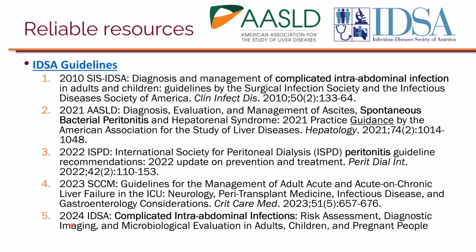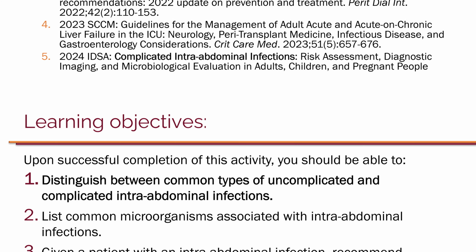And most recently in 2024, IDSA released the first set of updated guidelines for complicated intra-abdominal infections, and this release focuses specifically on risk assessment, diagnostic imaging, and microbiological evaluation in adults. It does not have recommendations for treatment or management, and subsequent releases of the guideline will include recommendations for management.